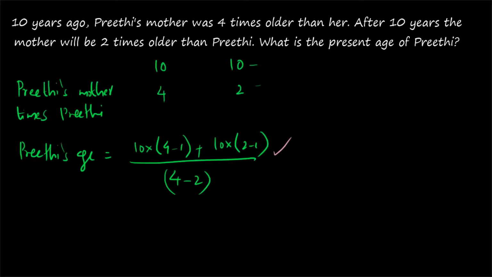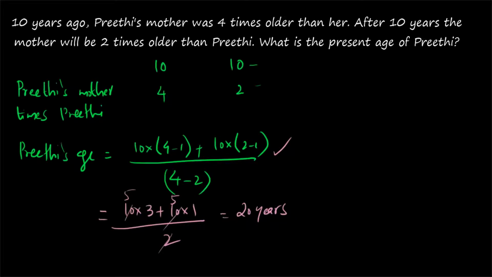You need not write like this. You can directly do the calculations and write the answers here. So 10 into 4 minus 1 is 10 into 3 plus 10 into 1 divided by 2. If you cancel out, 5 and 5 will come. So 5 into 3 is 15, 15 plus 5 is equal to 20 years. So at present Preethi's age is equal to 20 years.